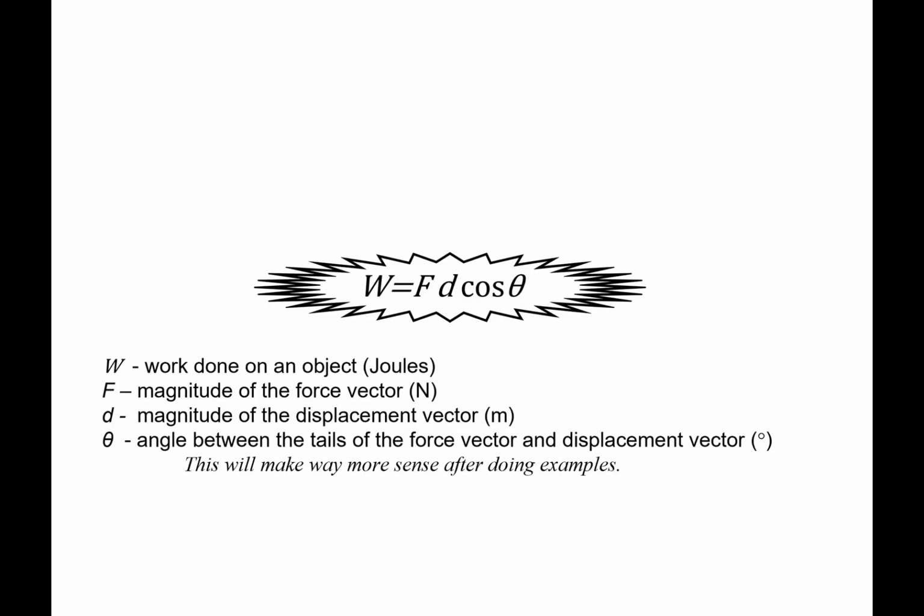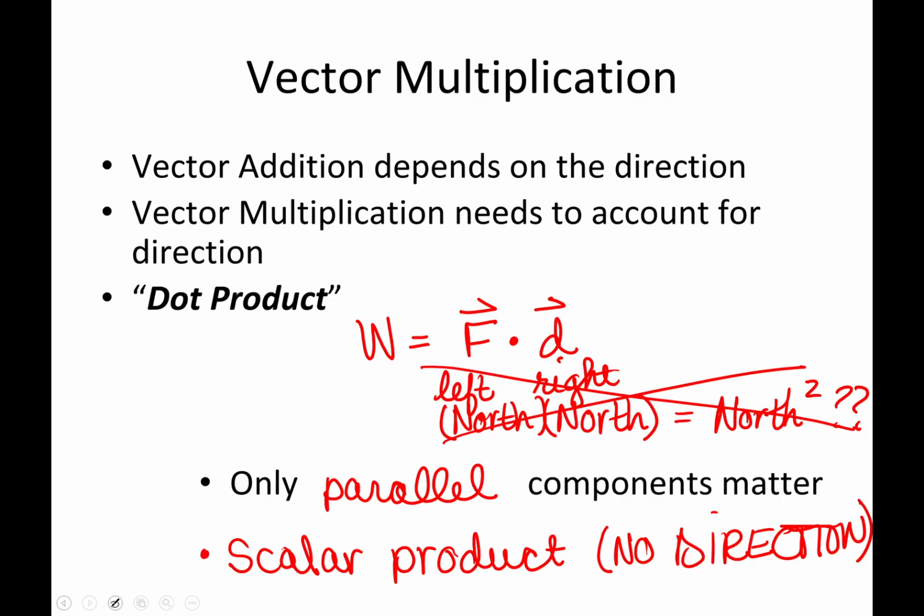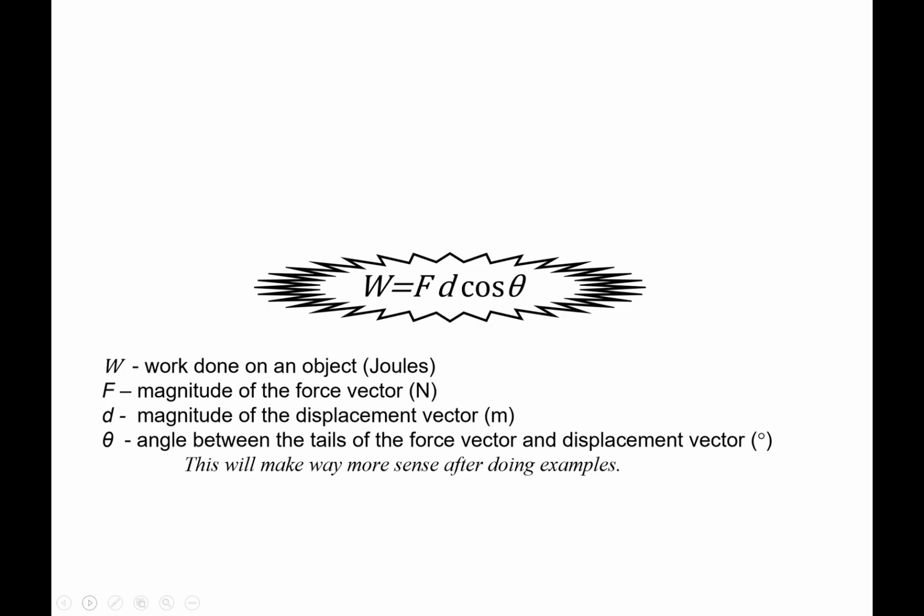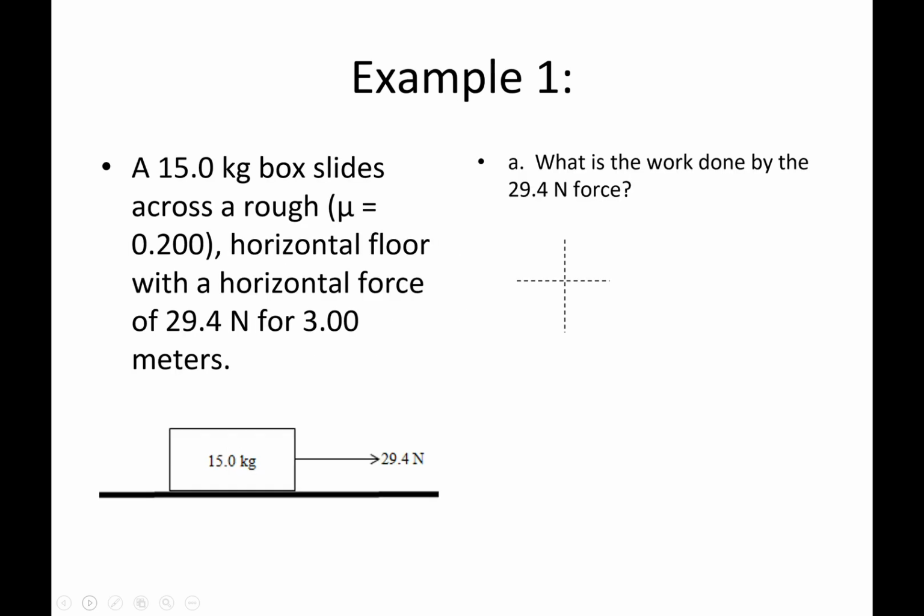So simplifying it out and doing all of the math would simplify to our work is F d cosine theta, where W is work, F is the magnitude of the force in newtons, d is the magnitude of the displacement vector, and theta is the angle between them. It's going to make a whole lot more sense once we start doing the example problem, which we're going to do now.